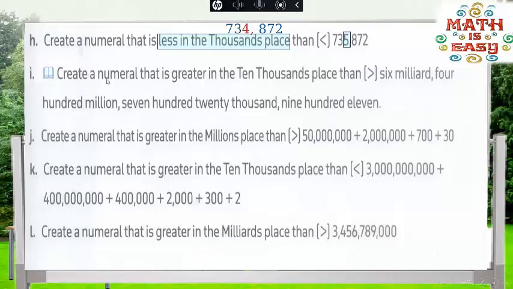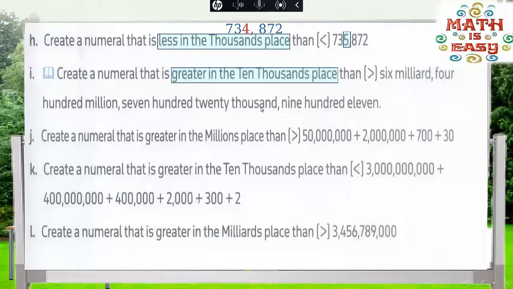Next, create a numeral that is greater in the 10,000th place. Where is the 10,000th place here? We have here 6,400,720,911. Where is the number in the 10,000th place inside this number? In the 10,000th place, here we have 20,000.